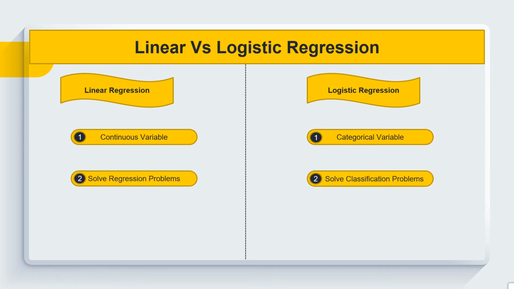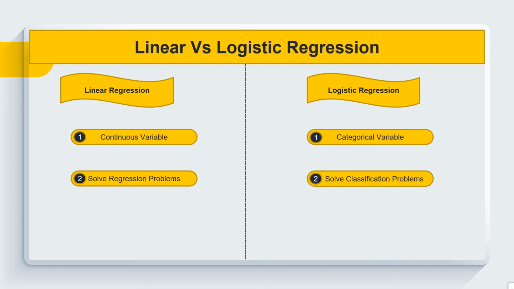Next, linear regression solves your regression problems. So here you have the concept of an independent variable and a dependent variable. You can calculate the value of y which you need to predict using the value of x. So here your y variable, the value that you need to predict, is in a range.